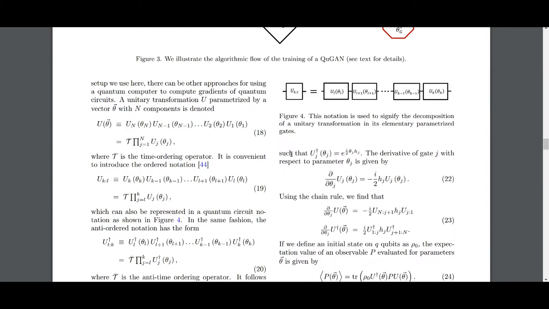Yeah. The derivative of gate j with respect to parameter theta is given by these. Hmm.